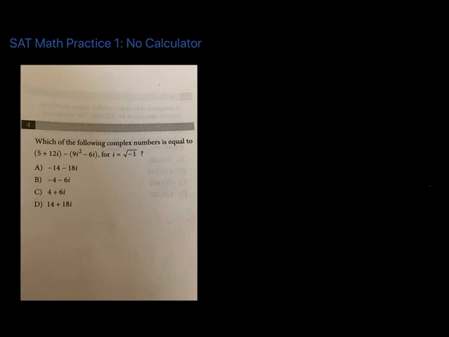For our next problem, we have: which of the following complex numbers is equal to 5 plus 2i minus 9i squared minus 6i, where i, which is an imaginary number, equals the square root of -1. So first of all, let's write down the problem.